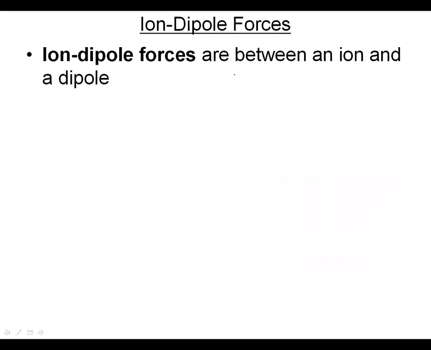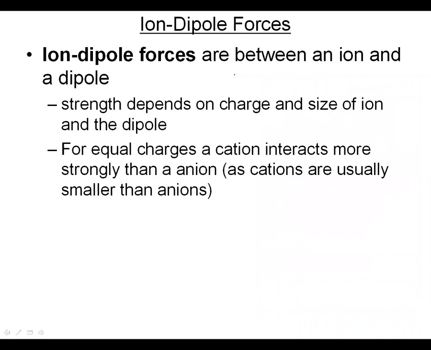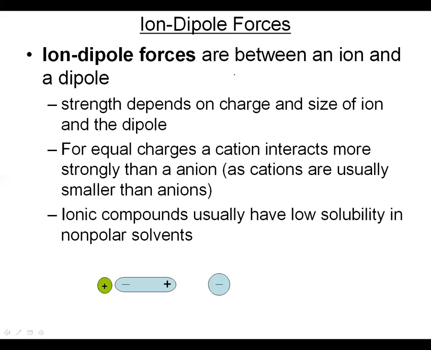Now, a special type of dipole-dipole interaction is what is sometimes referred to as ion-dipole interaction. Much like the name implies, it is between an ion, which is either a cation, which is positive, or an anion, which is negative, and a polar molecule.